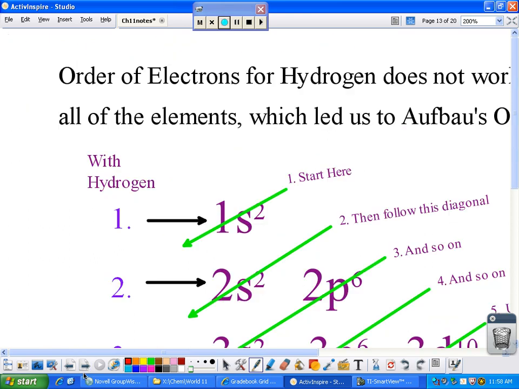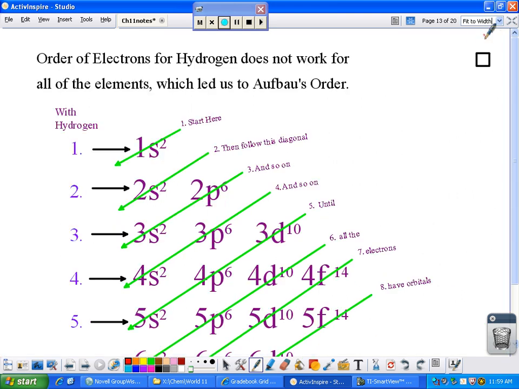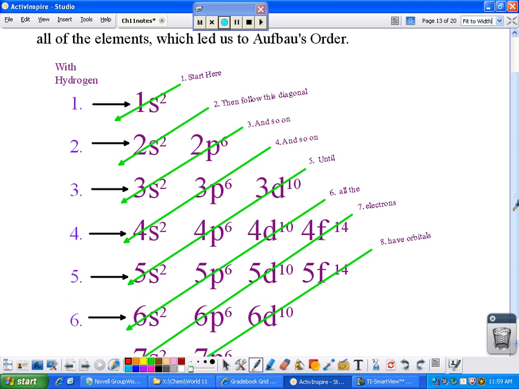Originally, these guys thought you just went 1s, 2s, 2p, 3s, 3p, 3d, in perfect order. And that's how it works if you're dealing with just hydrogen, one electron at a time. But once you start to have multiple electrons, it gets thrown off. The order is off, so the Aufbau order makes the order a little off.